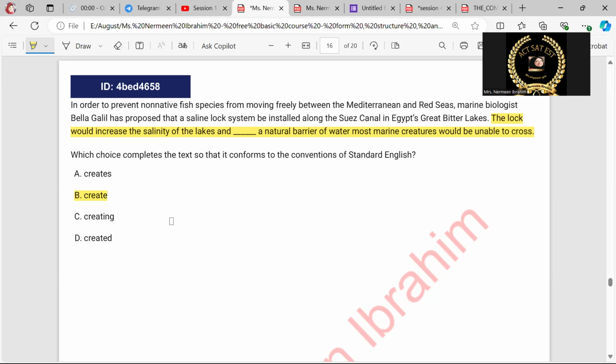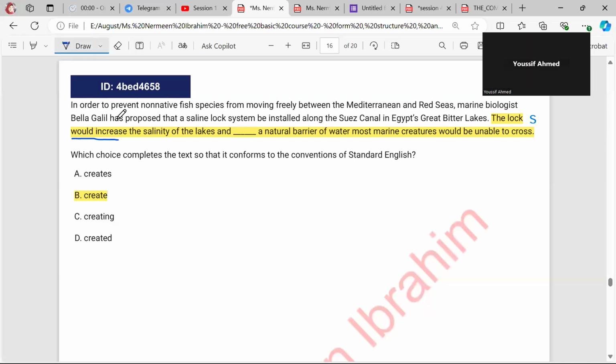So it's either finite and non-finite, or verb tense, right? Yes. Now, let's go. The lock would increase. So we have here the lock, that's the subject, right? Yes, that's the subject. Would increase, that's the main verb, right?